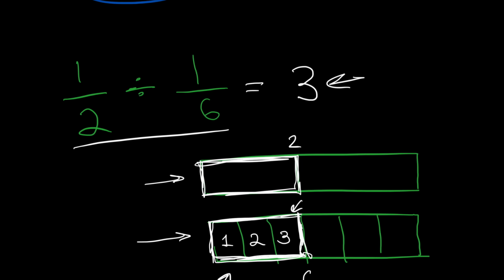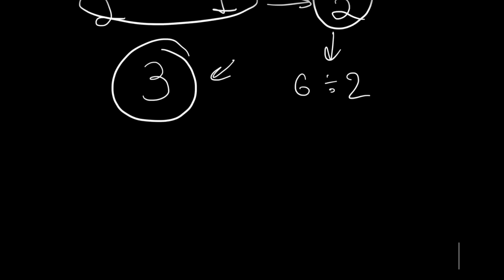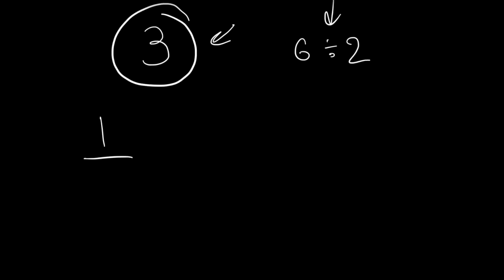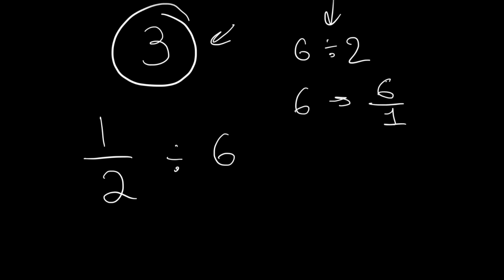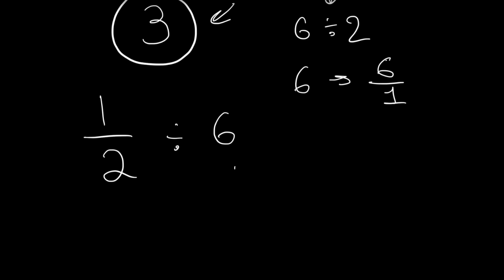And it's the same thing with integers. You just switch them around. For example, 1 by 2 divided by 6. Remember what I told you, 6 is equal to, in fraction form, 6 over 1. So this would quite literally be 1 over 2 divided by 6 over 1.